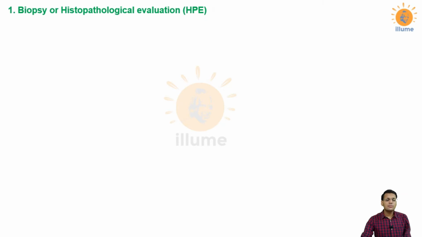The first one is biopsy or histopathological evaluation. If I split the word HPE, histo means tissue, pathological is pathology, that means a disease, and evaluation of a diseased tissue is called biopsy.